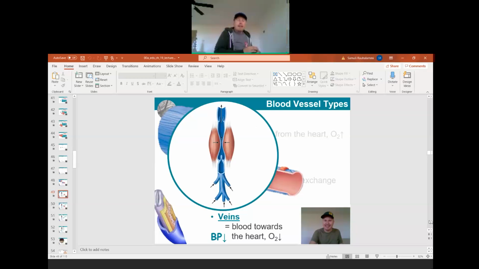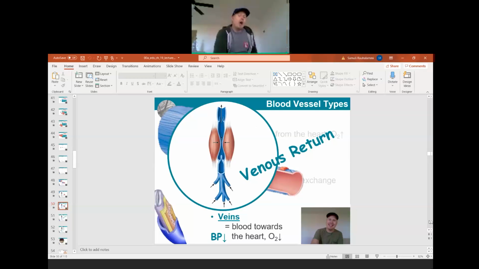And what we end up finding is that we actually move a lot in our everyday life. Even when we're sleeping, no one sleeps perfectly still. There's constantly a little bit of moving. And this is how we're able to return the blood back to the heart. And this is known as venous return. So veins returning the blood back to the heart.